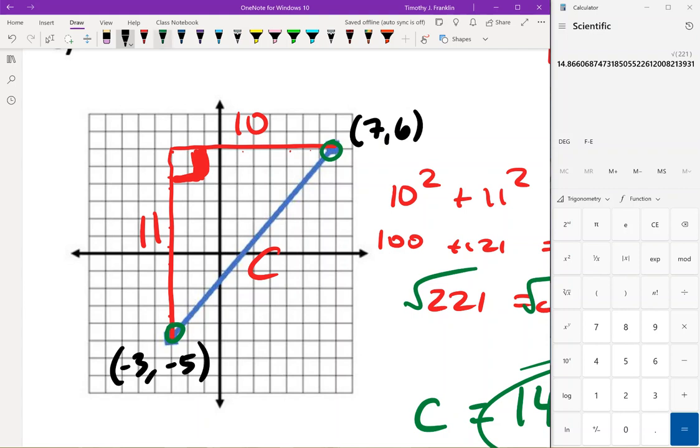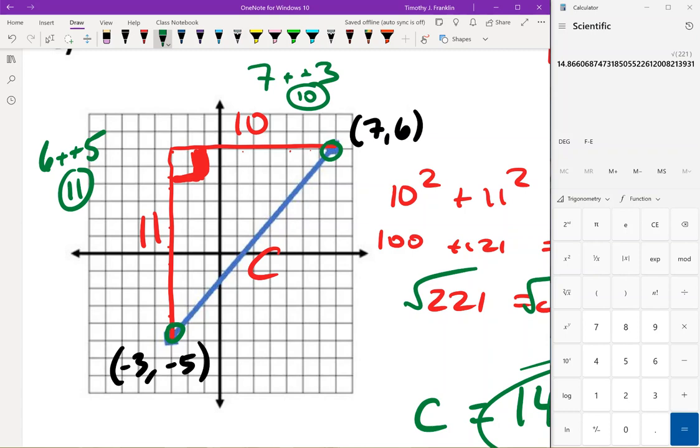And so if I want to find the vertical distance, that's the difference in the y values, that's 6 minus -5. That does equal 11. And if I want to find the distance between the x values, the horizontal distance, well, that's 7 minus -3, which is 10.